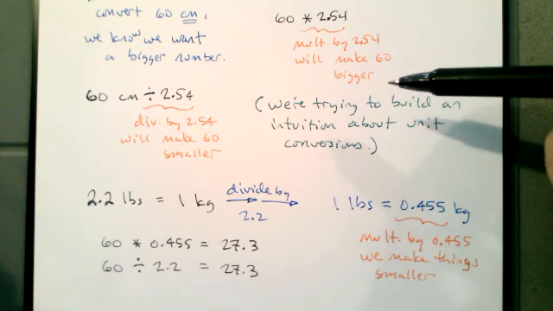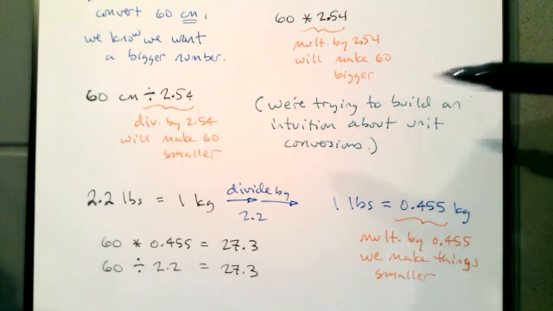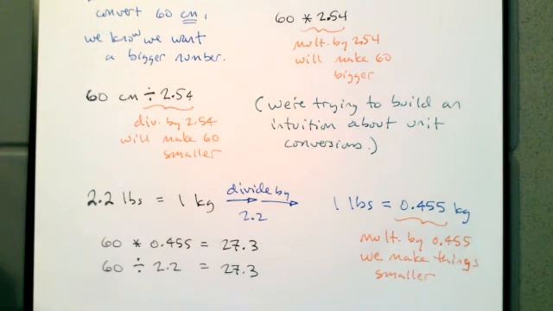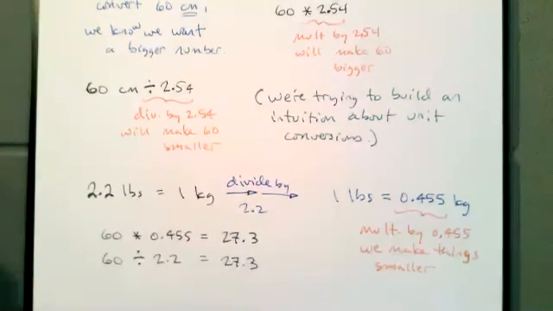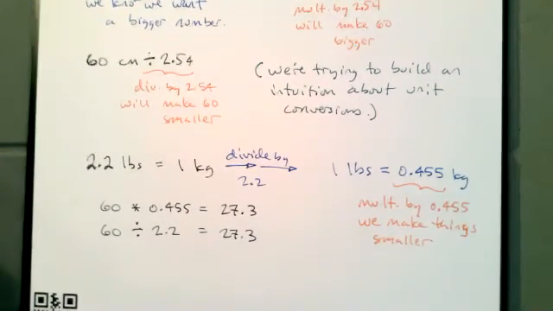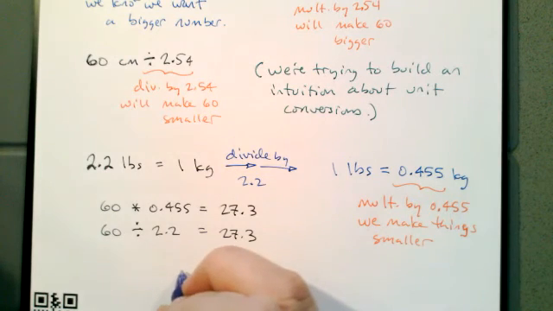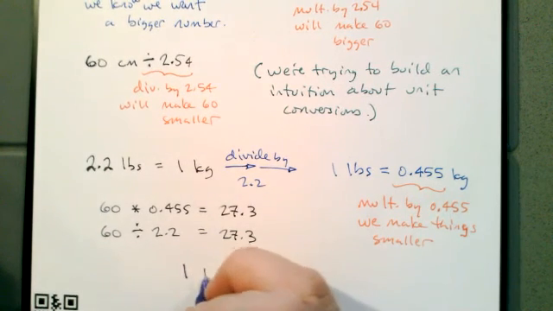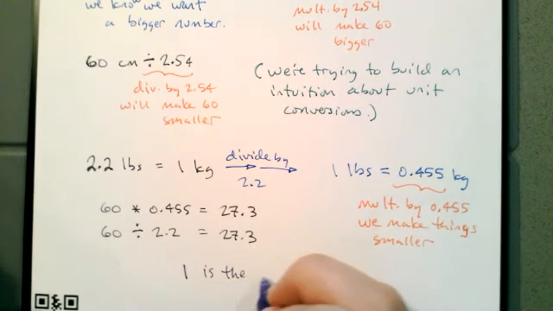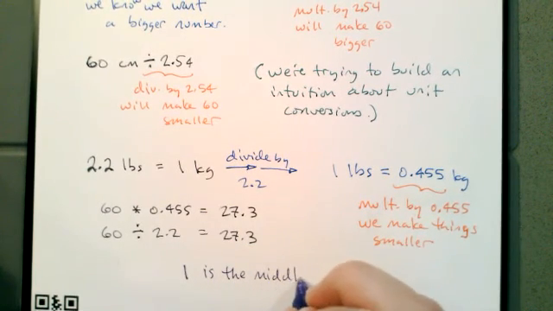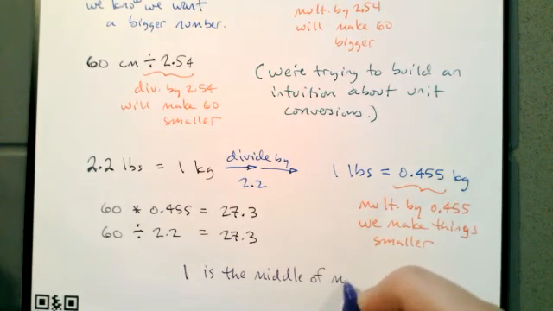Multiply by less than 1, things get smaller. So that's a useful piece of information to keep in mind. 1 is in the middle of multiplication.